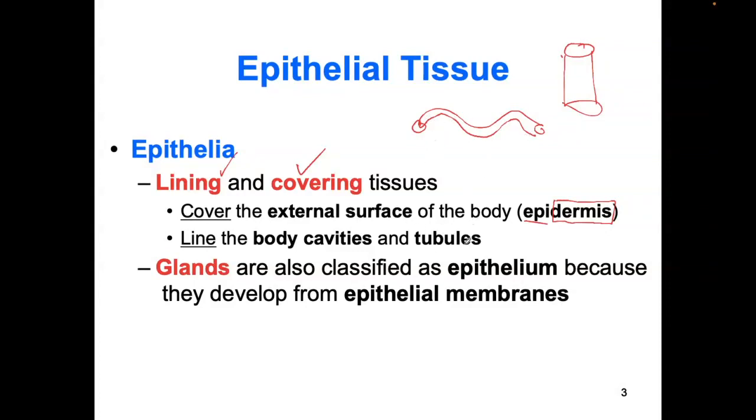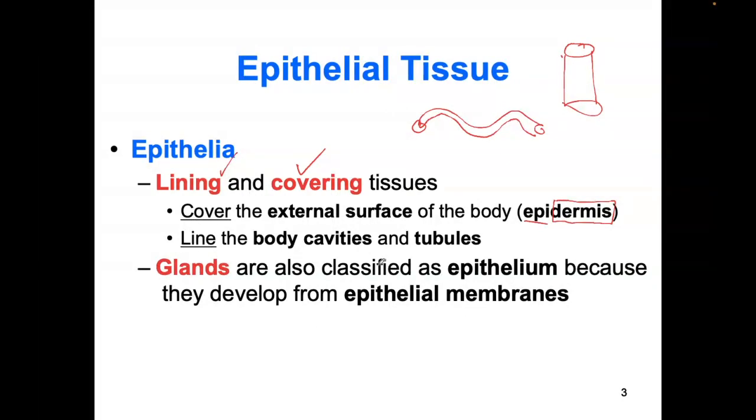Anytime there's a tract or a tube or a hose-like structure within the body, it's safe to assume that they're going to be lined with epithelium. So blood vessels, the respiratory tract, the digestive tract, these tracts are made up of tubes or tubules. They're going to have epithelium.